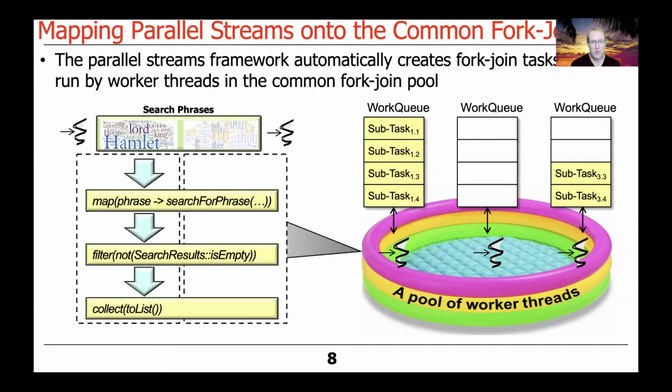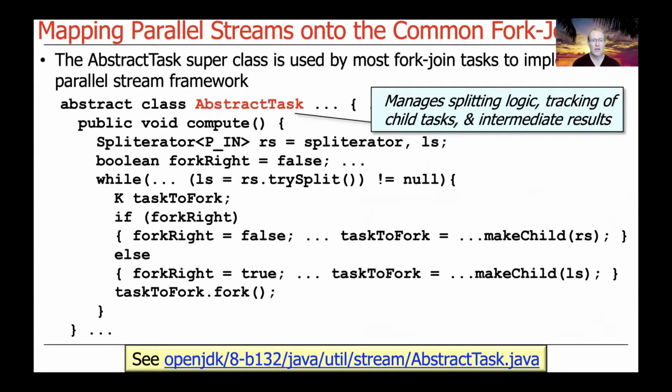And the parallel streams framework, particularly the spliterator that is being used in a given stream, creates fork join tasks while the spliterator process is running, and then passes them off to the common fork join pool where they're going to be run by worker threads. So that's how work gets into the common fork join pool. It gets split up by the spliterator, which is partitioning the data source up into chunks, and then those get passed off to the thread or threads in the fork join pool.